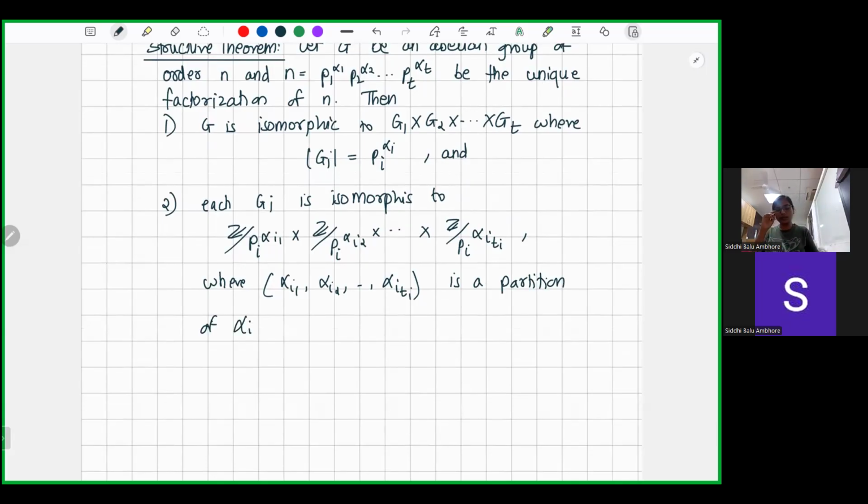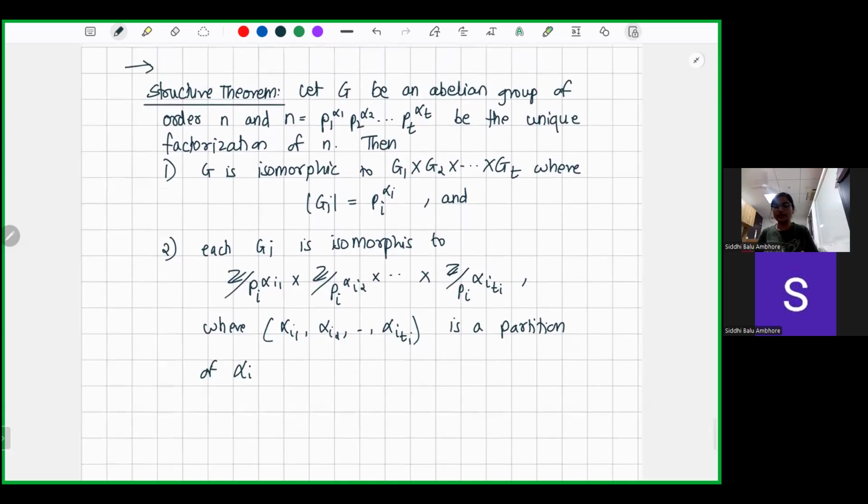So this is the statement, and let us understand the statement before we start to answer the given question. The first thing is, the statement talks about an abelian group G of order n. So the statement is for abelian groups of finite order.